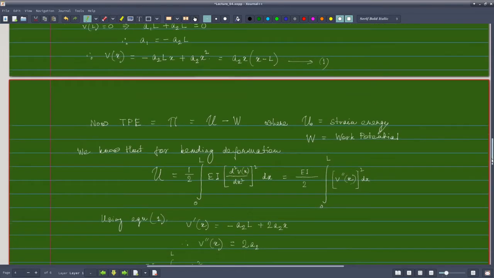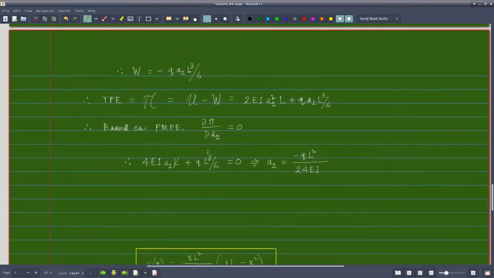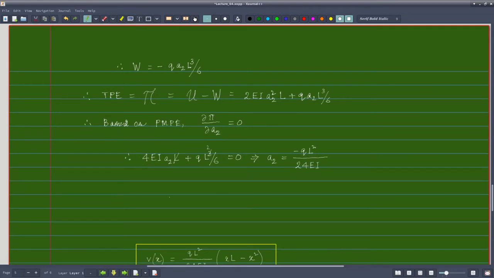So a2 into x into x minus l. So therefore my Vx is a2x into x minus l.